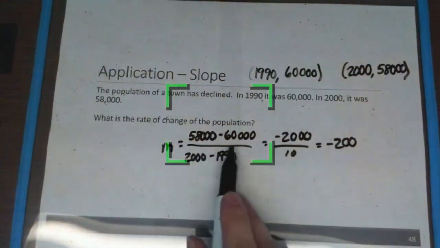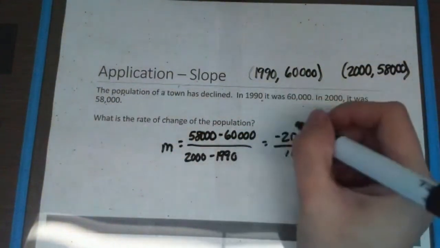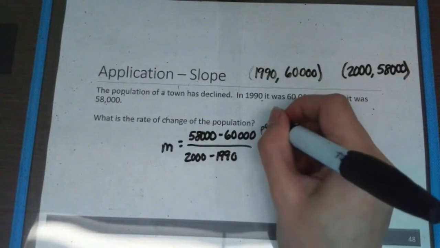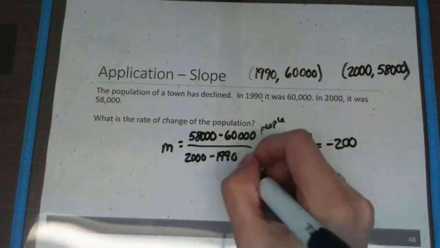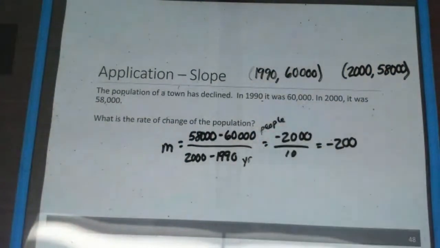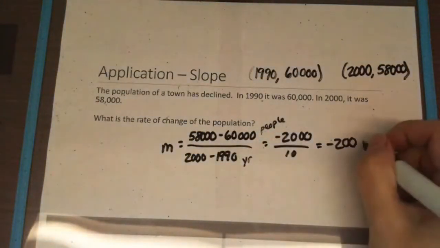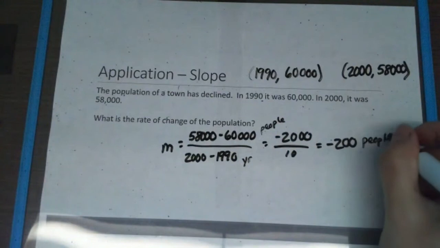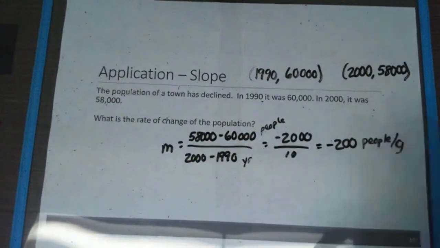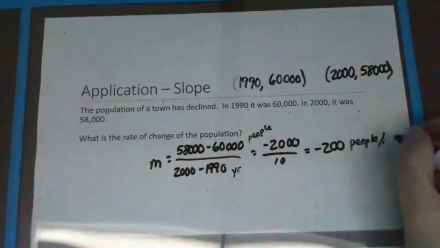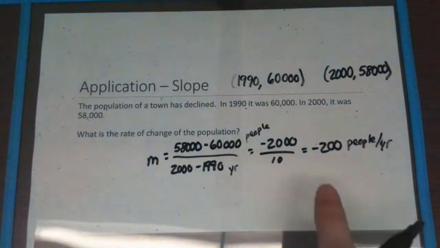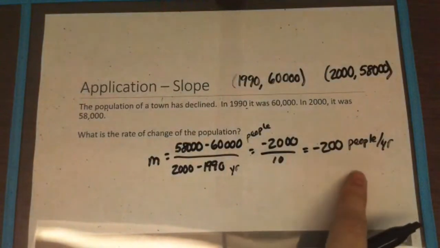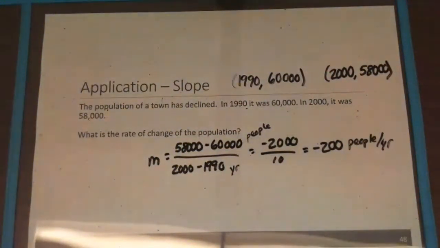The 58,000 and the 60,000, those were the population. And population is measured in number of people. This 2000 and the 1990, those are years. So that means our units are people per year. So the way we would really interpret this is that the town is losing 200 people per year. That's why it's negative.